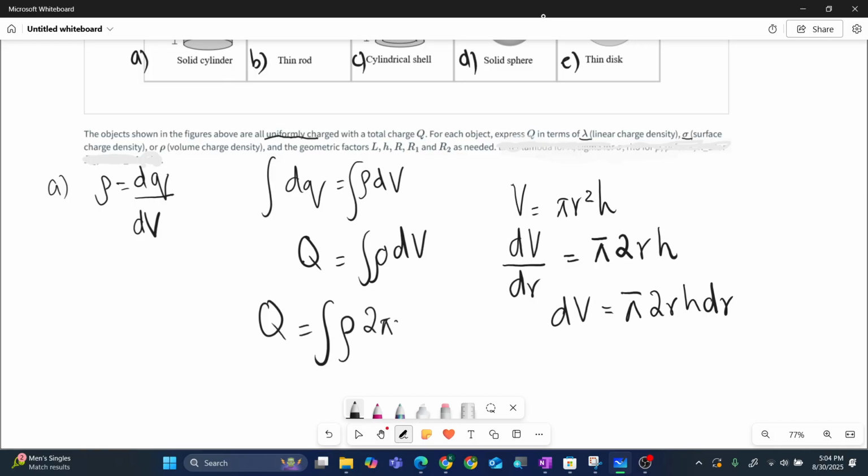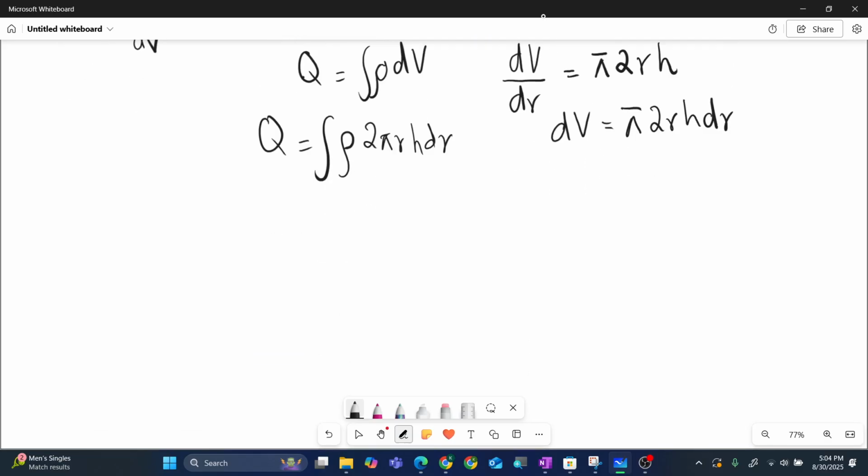So I will get 2 pi r h dr, and since I know that my volume charge density is the same throughout the object, I can take this out of the integration. My 2 pi is a constant, my h is a constant, so I will just integrate over dr, and I'm going to put my limits here. My upper limit is the total radius R, and my lower limit is 0.